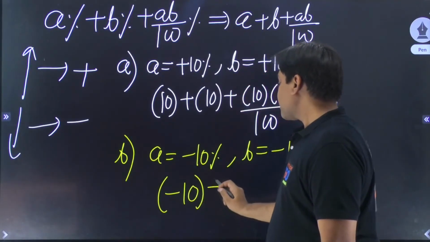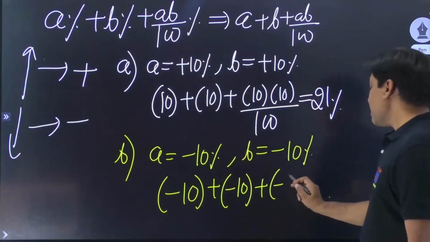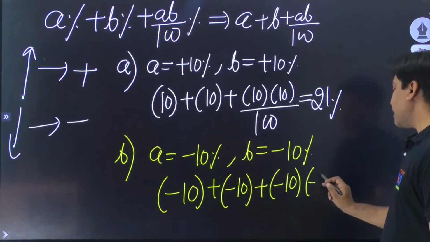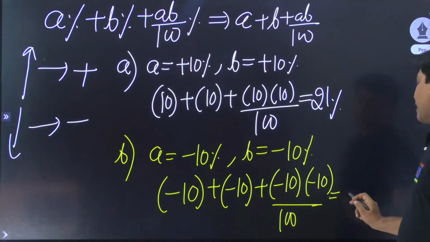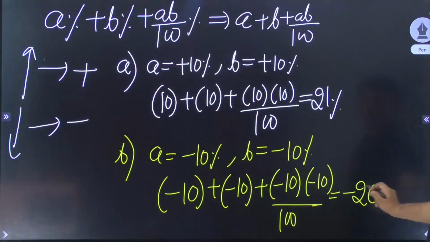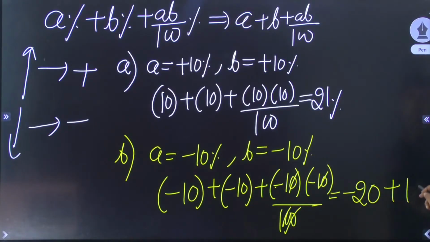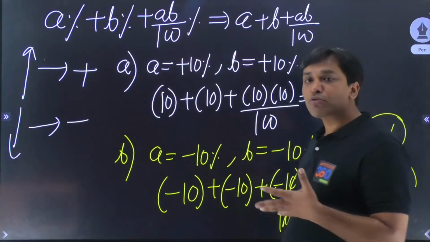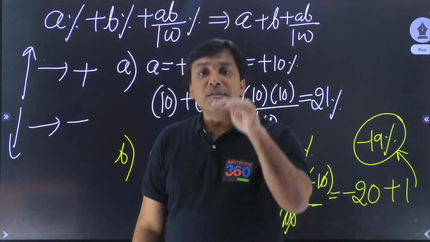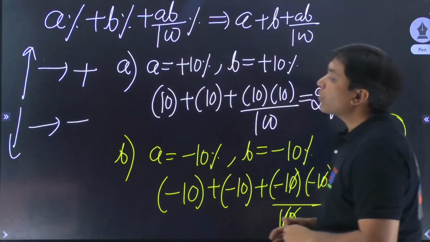A plus B, and then minus A into minus B upon 100. If we simplify this, minus 10 and minus 10 will become minus 20, and minus into minus will become plus 1, and this comes out as negative 19%. So what is going to be the final change in the population? It is going to be a 19% decrement, the population decreased, right?